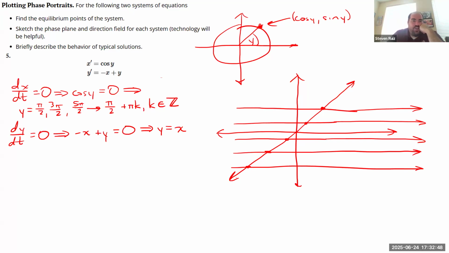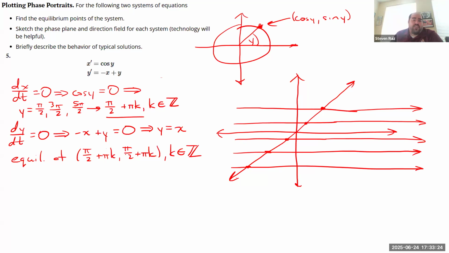So there's no way to fully capture... Actually, that's not true. If my x nullcline is captured this way, then I have equilibrium at these points: pi over 2 plus pi k, pi over 2 plus pi k, for k in the integers.